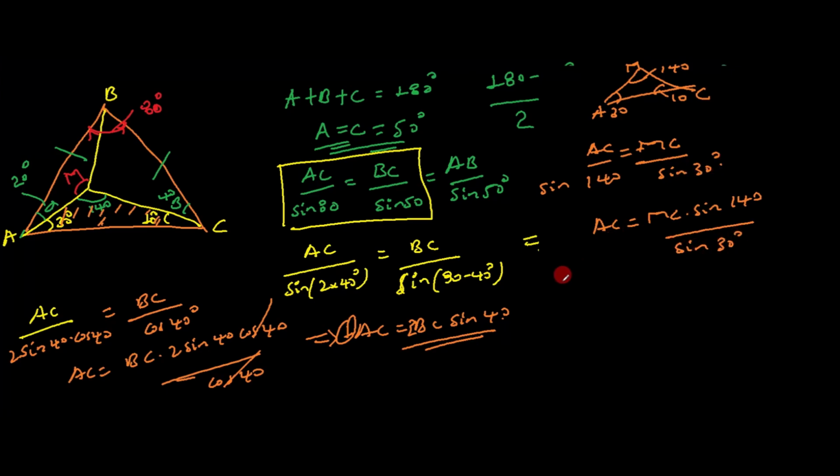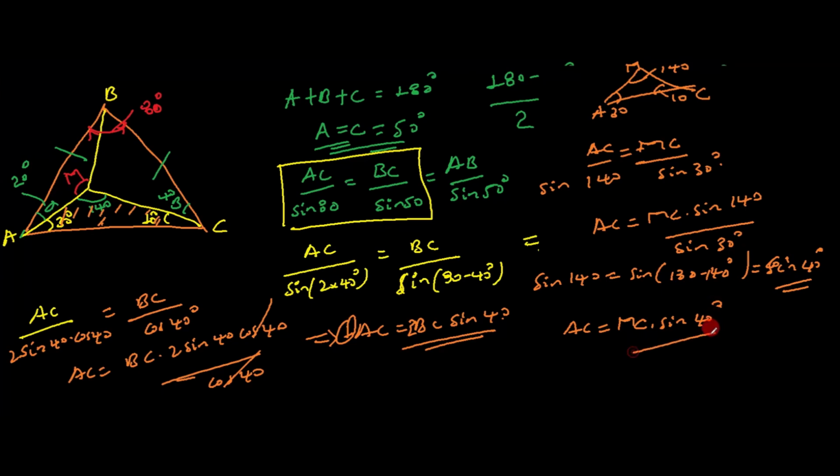Sine 140 means sine of 180 minus 40 degree, which is sine 40 degree, right? So AC is equal to MC times sine 40 degree over sine 30 degree.